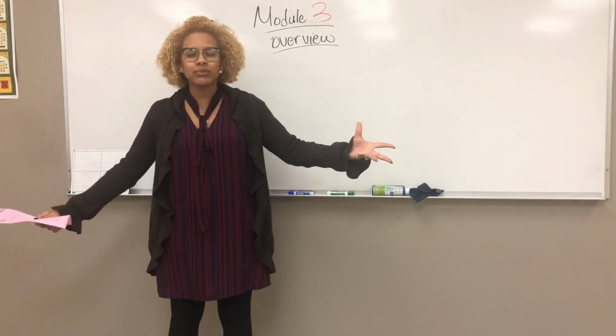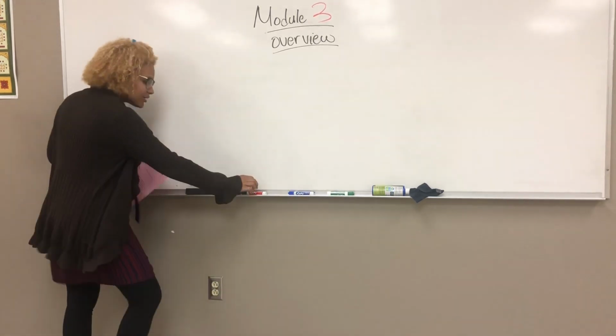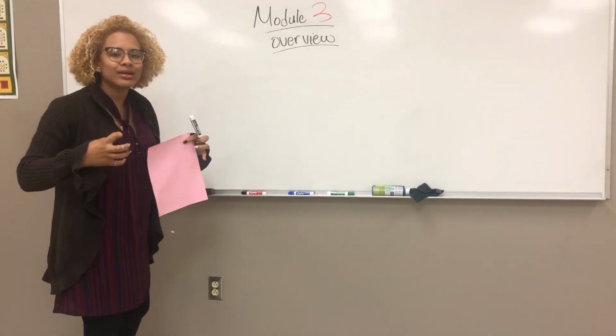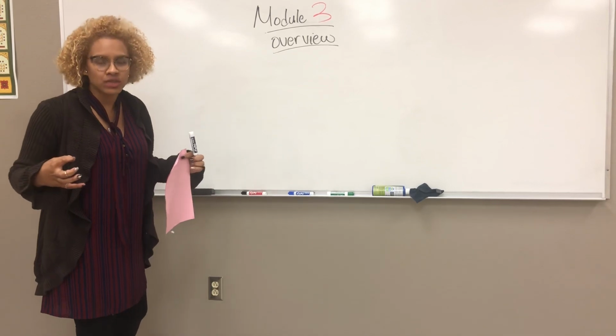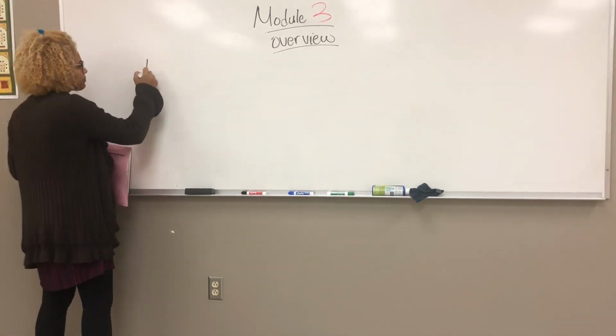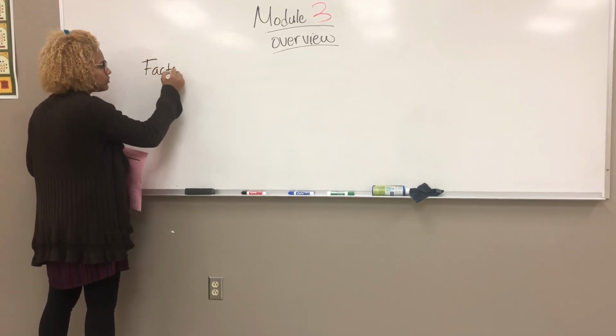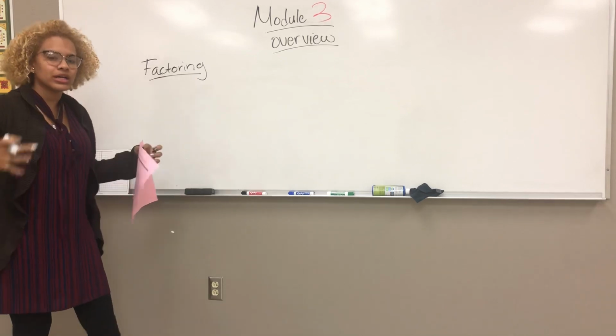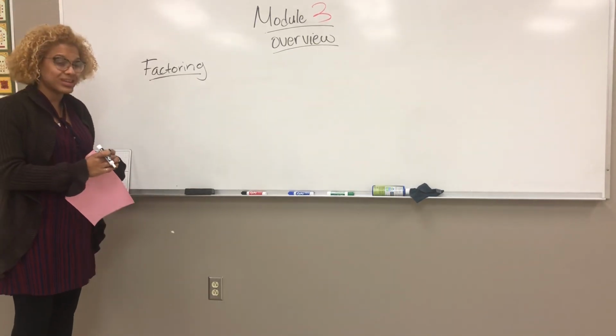Very big concept, okay? Factoring is simply taking a number and breaking it apart into its factors. So chapter 5 is factoring, taking a number and breaking it apart into its multiples, so its factors.